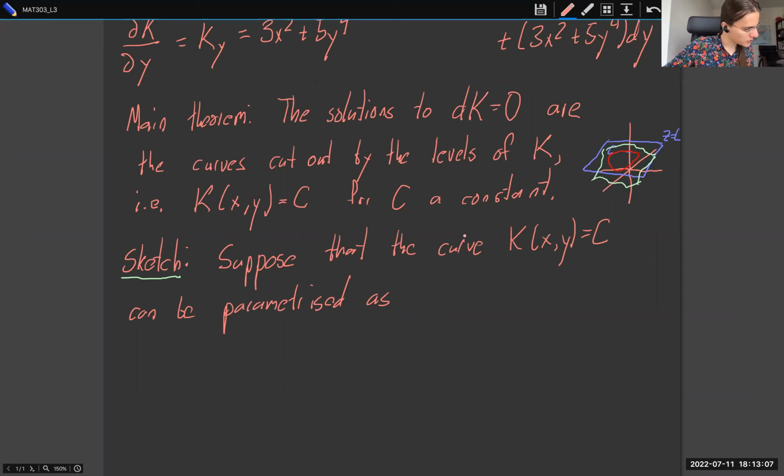I used this before, so I'm going to introduce another Greek letter that's different from the one that I used in my notes. So suppose it's a function, let's call this function psi, psi of x.